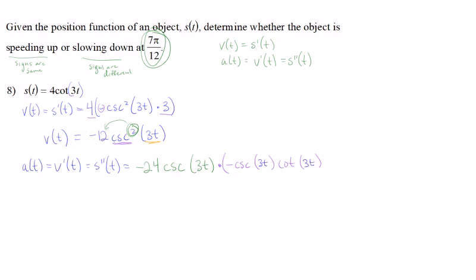That's the inner function. And then finally, I'm going to multiply by the derivative of the inner function. The derivative of 3t is just 3. That was a lot because we really had a three-layer chain rule, a function within a function within a function.